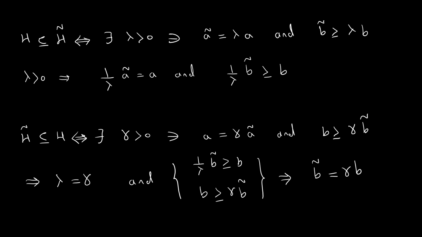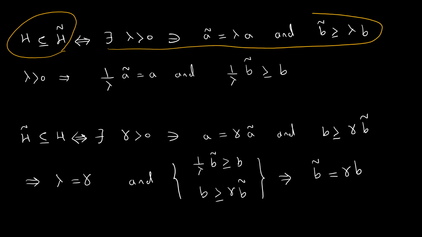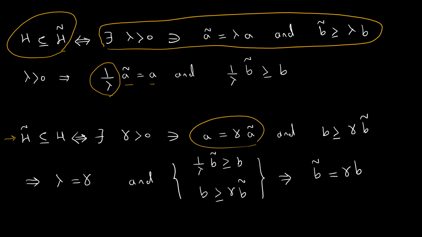Okay, so from the first condition, we have this, and we know this holds true. Because lambda is greater than 0, we can write 1 over lambda times A tilde equals that. And from the second condition, we have this equality. If we just look at this, A is here, and gamma times A tilde is this guy. If I just make lambda be gamma, then I would have this equality for both.